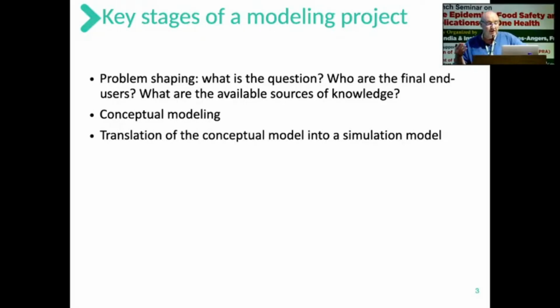Then once you design a conceptual model, you have to translate it into a simulation model. Usually it's done with mathematics, but you can do many types of options. You can do partial equations, you can do mechanistic equations with derivatives and so on. You can use statistical approaches.